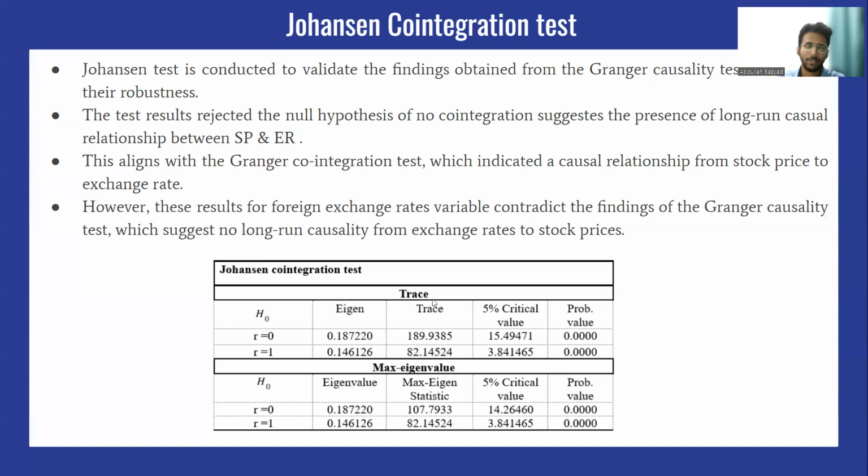We rejected the null hypothesis of no cointegration in this test, which shows that there is a long-run relationship between the stock prices and exchange rates, which supports the evidence from Granger causality. But for Granger causality, there's no evidence of a causality relationship running from exchange rates to stock prices.